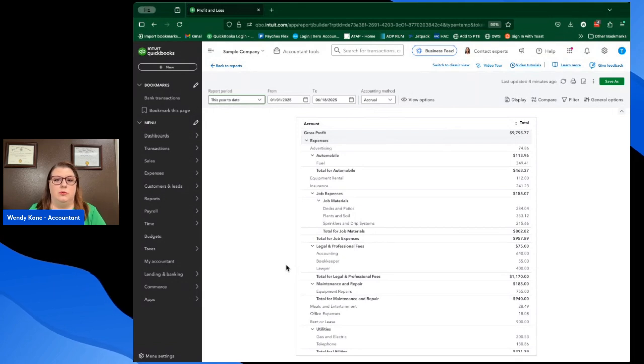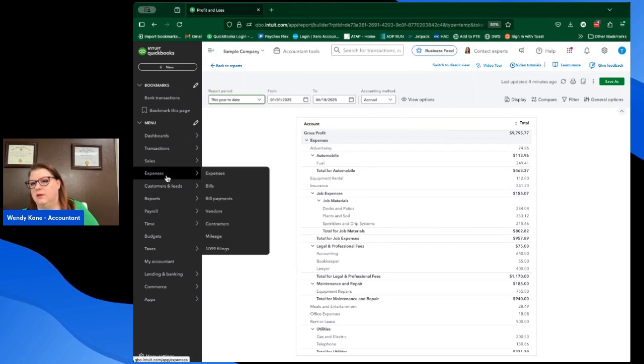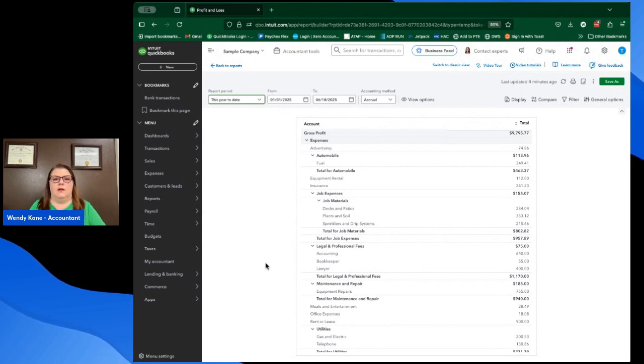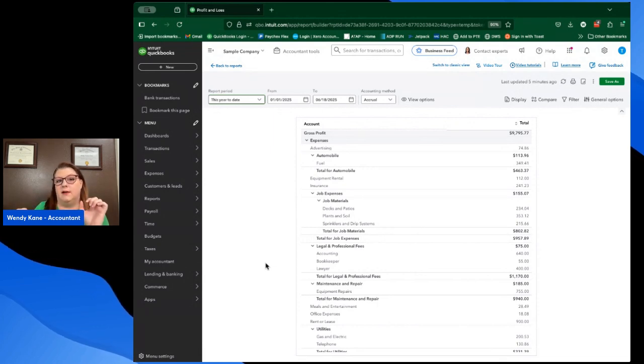If you are doing bill pay through QuickBooks, and using, over here with the expenses, bills, bill payments, that is where a lot of things can get duplicated. If you put in a bill in QuickBooks, that expense, that amount automatically goes on the profit and loss report down here in one of these expense categories.